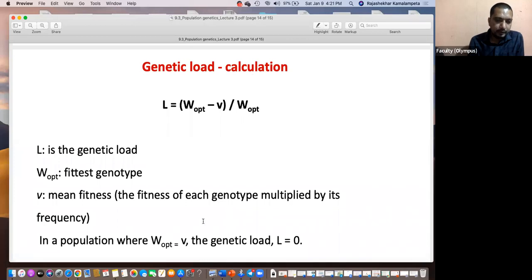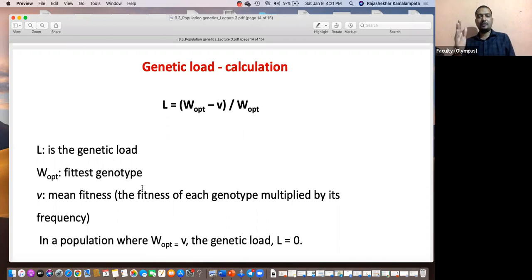So see this, I'll explain this to you briefly. If in a population W optimal is equal to the mean fitness of the population, that is V, the mean fitness of the population is equal to the optimal genotype, what is the load in that case?